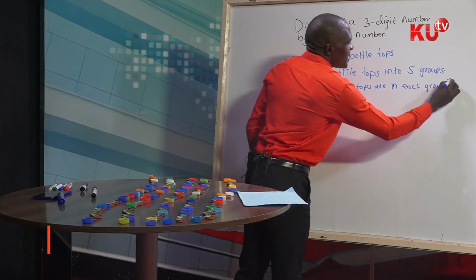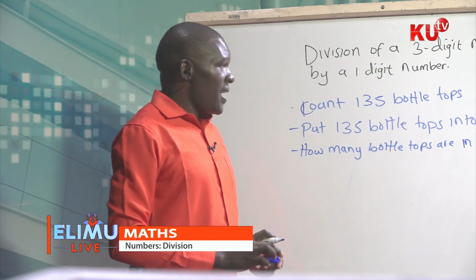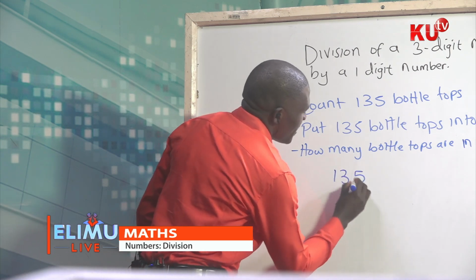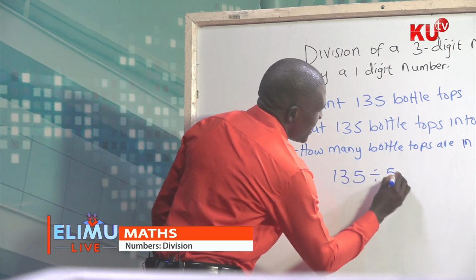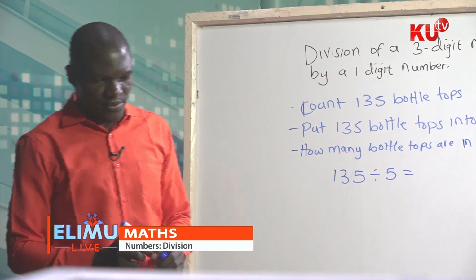But at this stage, you are not allowed to give the answer until you write the sum itself. 135, you are dividing it by 5. That is when you will get the answer.